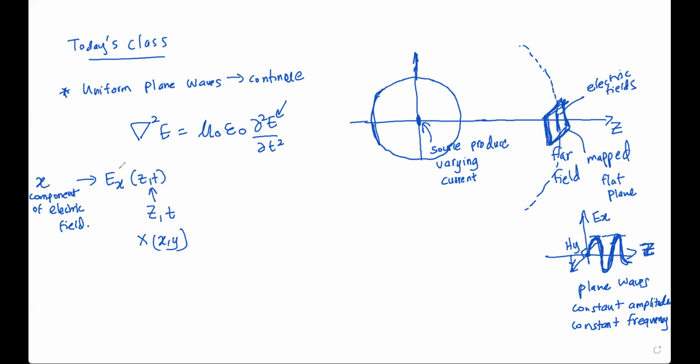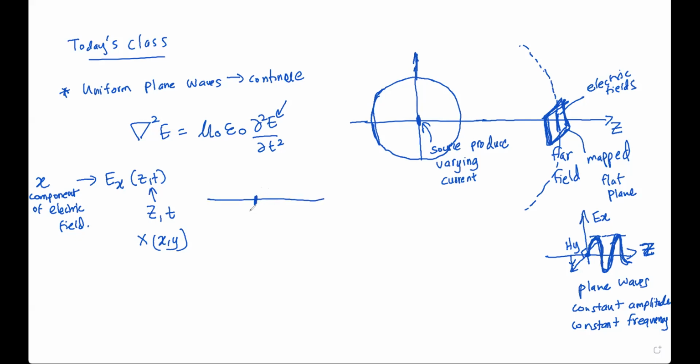So the electric field Ex component is only a function of the z axis and the time axis because it is propagating in that direction. Because of that, we need to use the z parameter and the time parameter to define where exactly this electric field is generated at a certain instant of time. In the z-axis, we can define at which location the electric field is generated at a certain time.